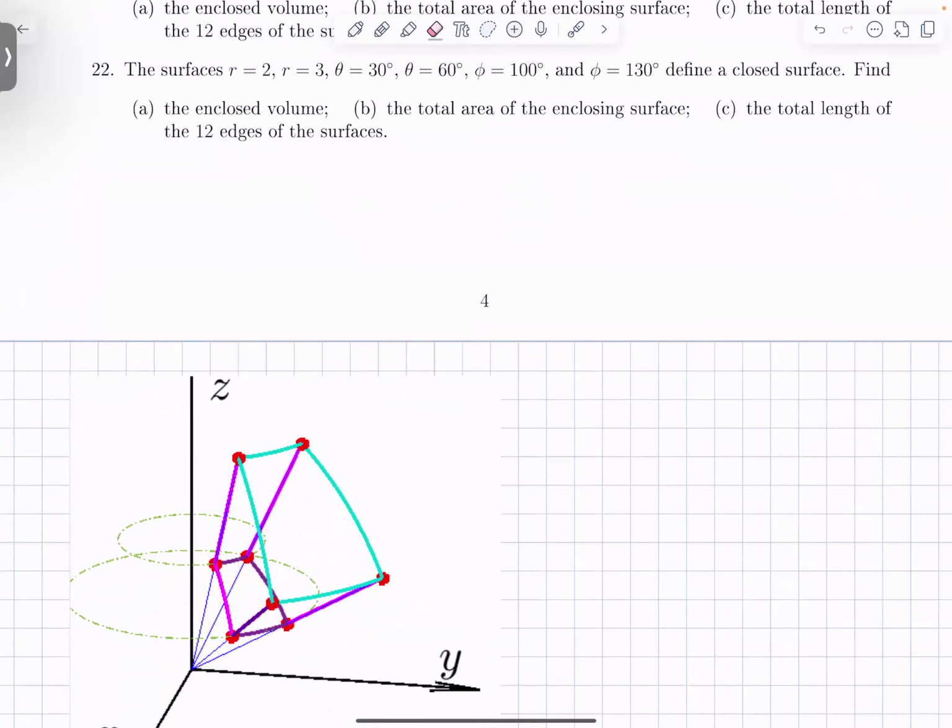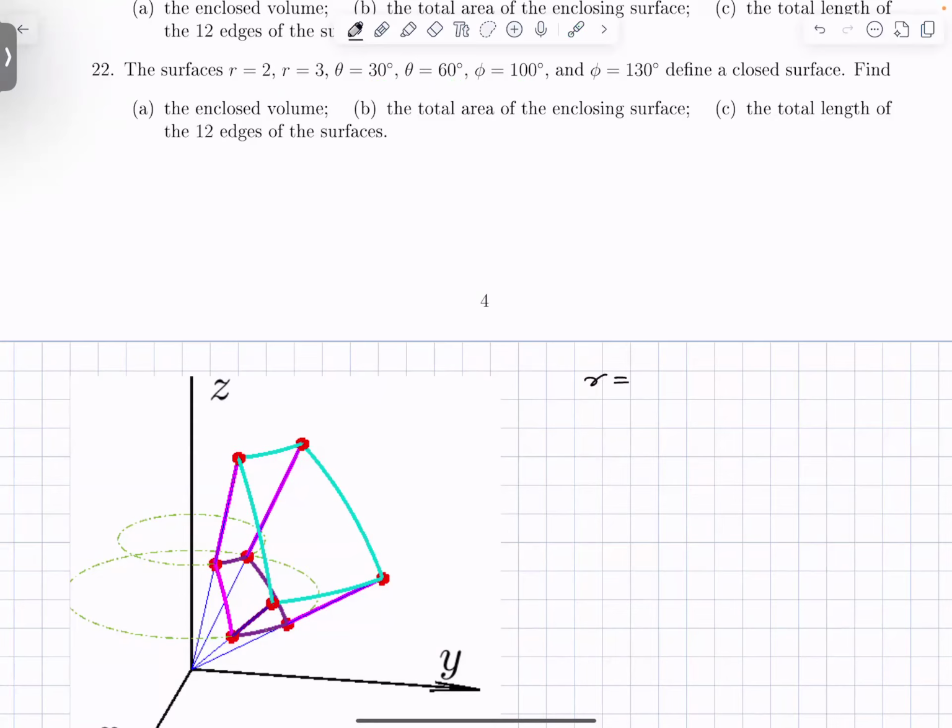Okay, did you note the changes here? So in the spherical coordinate system, we have a volume that extends from radius r equals 2 to r equals 3. Its range in the theta direction is from 30 degrees to 60 degrees. And in the phi direction, it's from 100 degrees to 130 degrees. So let me write it down.